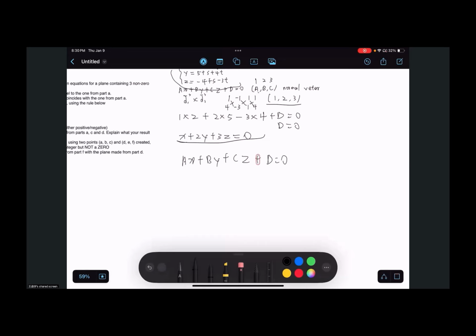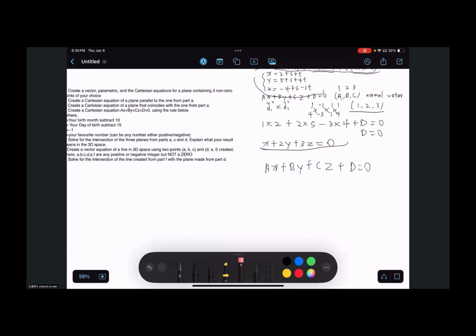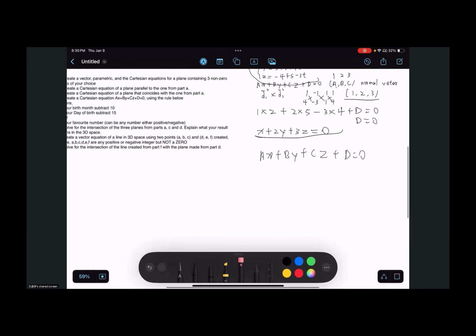So for a plane parallel to another plane, for the Cartesian equation, the only difference is the D.